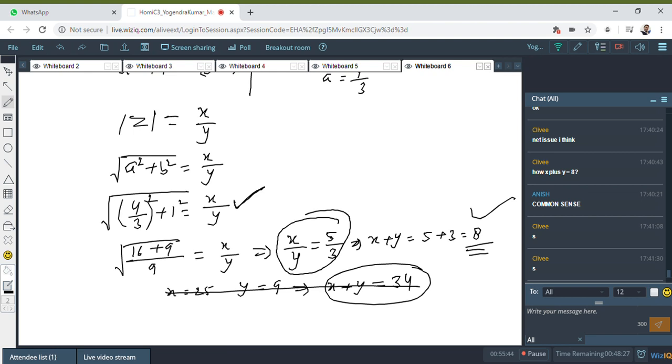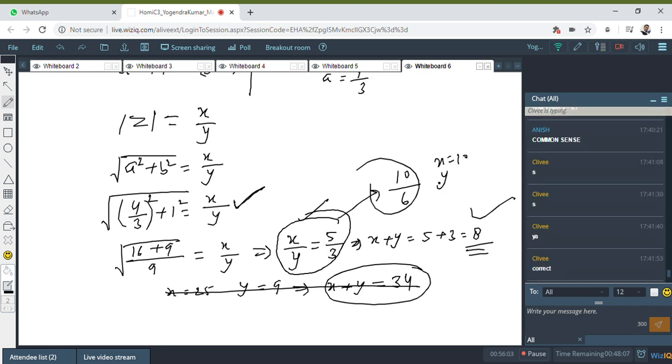Ratio can be like 10 and 6 also. From this I can't fix the x value as 5 and y value as 3. Means 10 by 6 also can be there. Ratio will be 5 by 3 only. So I can say x is 10 and y is 3. So answer should be 13 now.